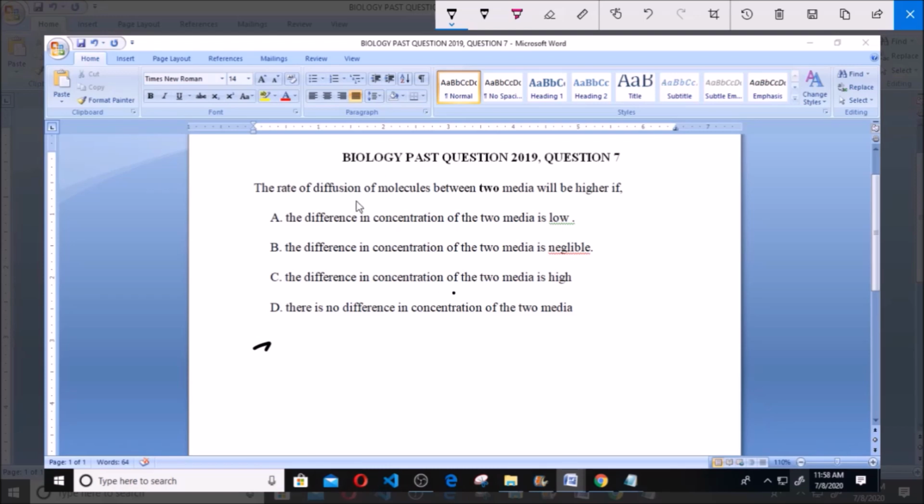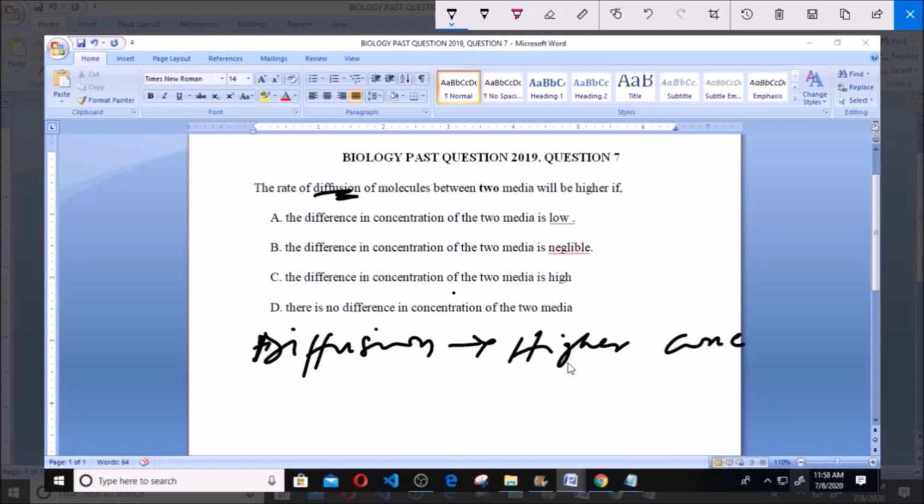Now, whenever you are given a question, you look for the keyword. In this particular question, the keyword is diffusion. Now you ask yourself, what is diffusion? Diffusion simply means the movement of molecules, ions, and gases from a region of higher concentration to a region of lower concentration.